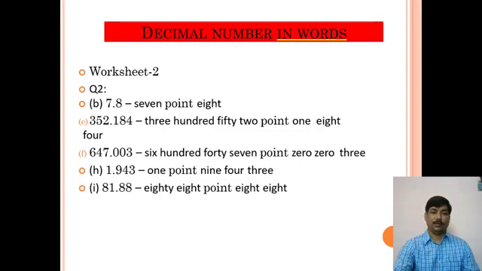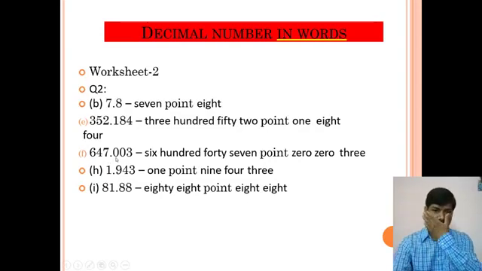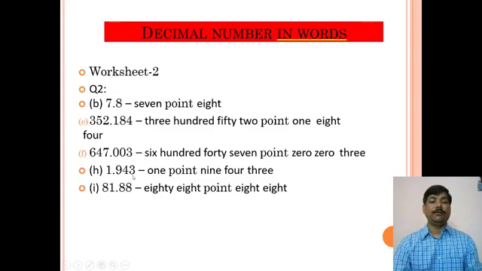352.184. In this number, 647.003. In this number, 1.943. And how do we read and write in words 81.88?